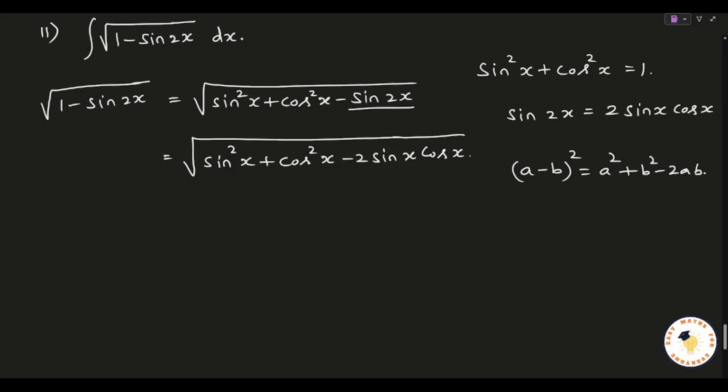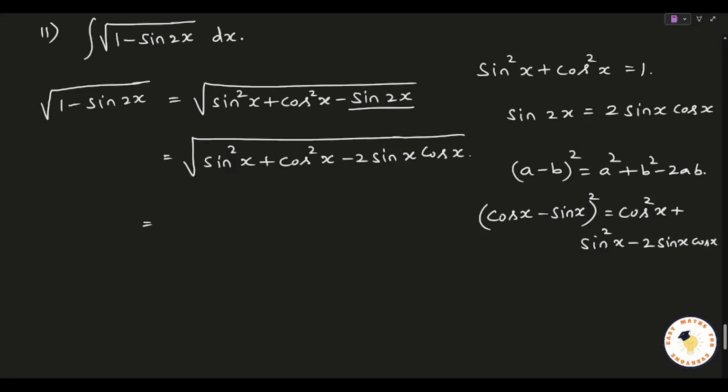Replacing a with cos x and b with sin x, we can have cos x minus sin x whole square equal to cos square x plus sin square x minus 2 cos x sin x, or sin x cos x. Both are same only.